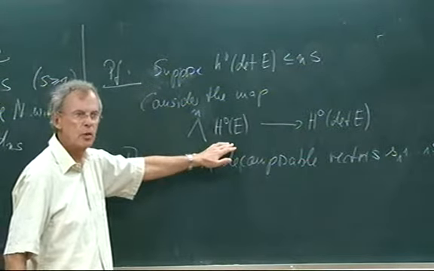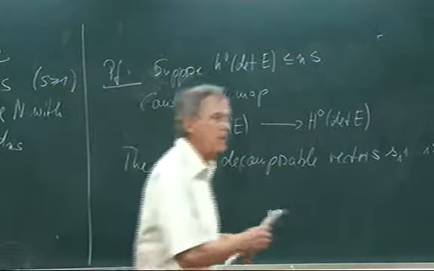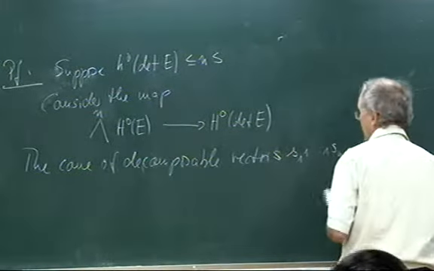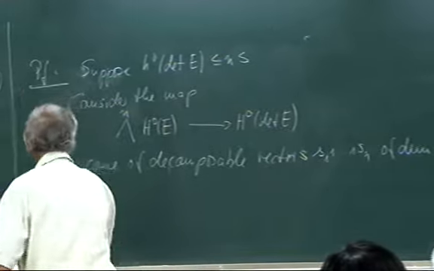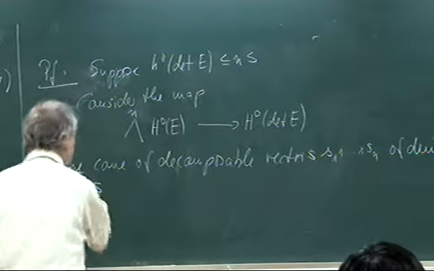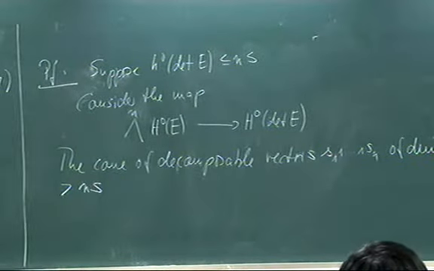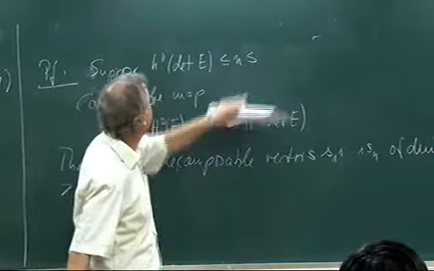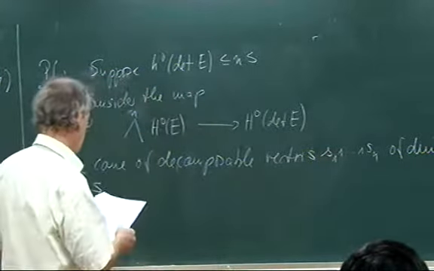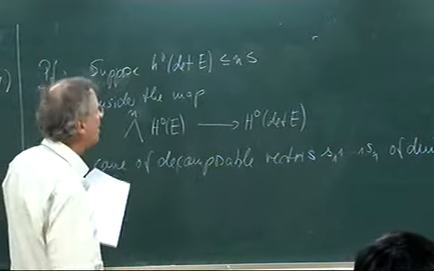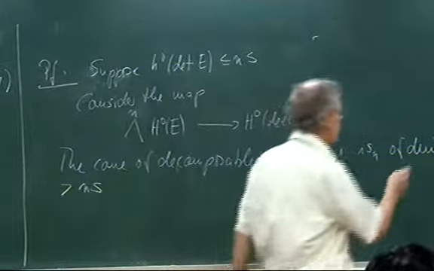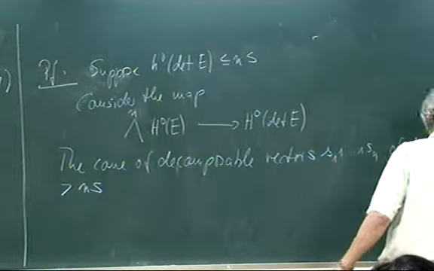I mean, this is easy to work out, and this is of dimension greater than ns, actually, right? This is easy to work out. Not by this assumption, but this is always of dimension greater or equal to ns. Let me write down here, greater than ns. Okay.